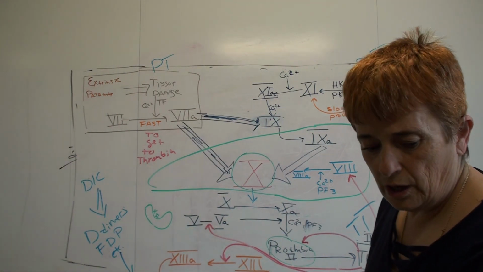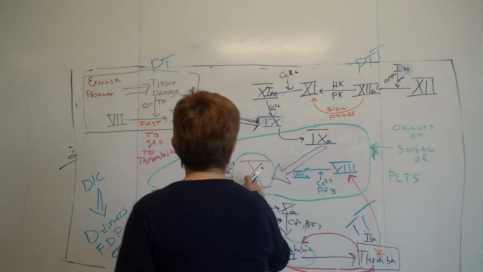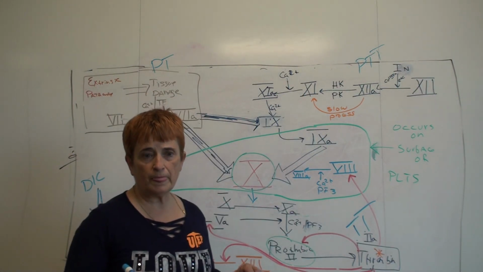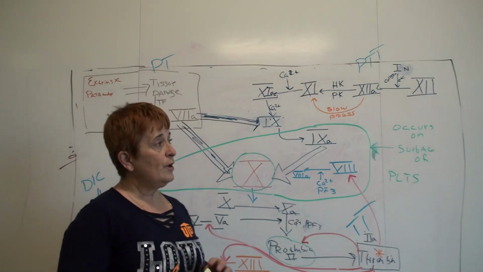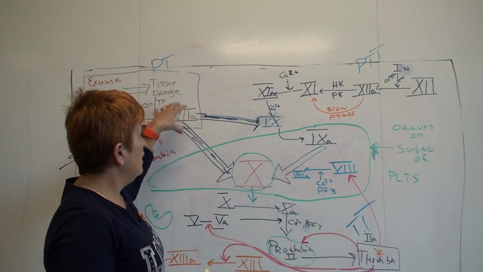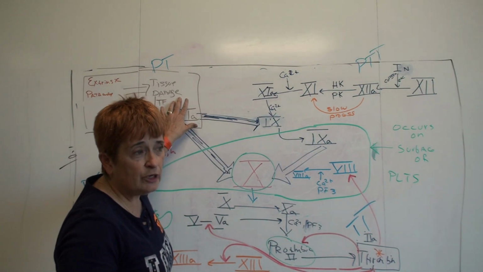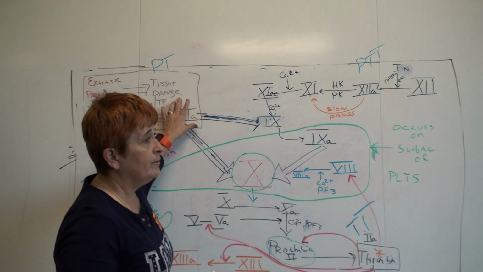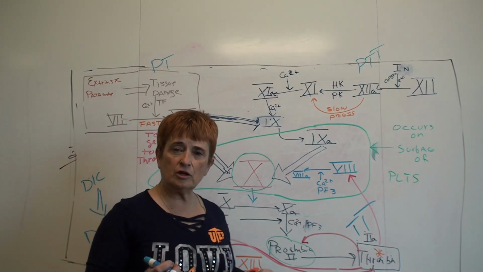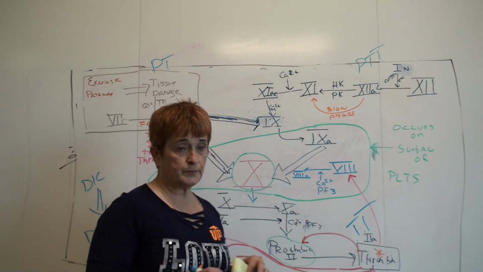All right, now, what about a test for the middle? Well, there is no test specifically for the middle, but you have to do the PT and the PTT together. If only the PT is prolonged, and we use the word prolonged because what we do is we time to see how long it takes a clot. If it takes too long to make a clot, it's called prolonged.